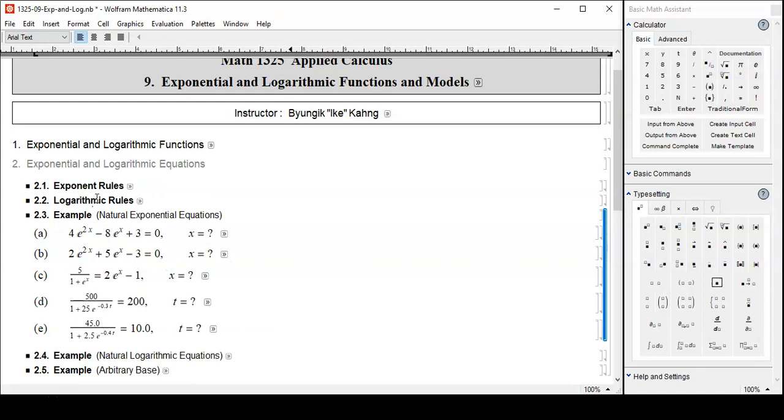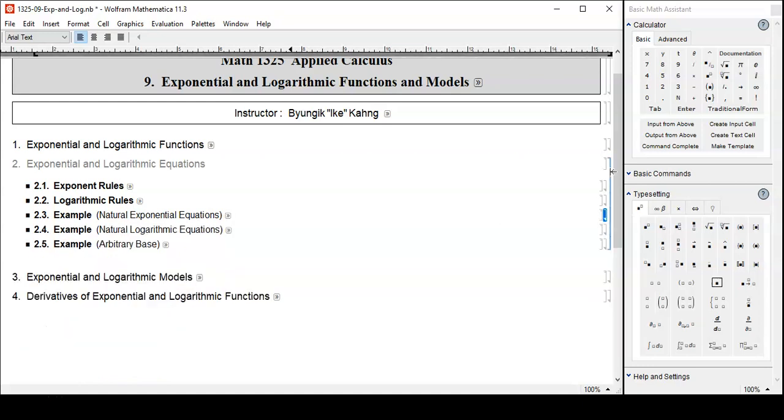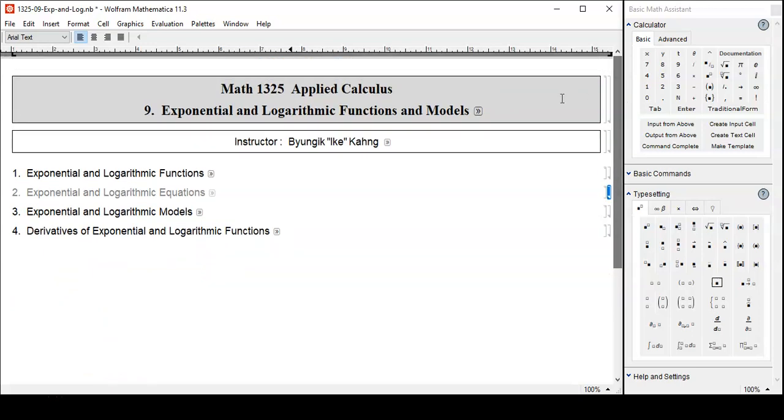I guess other than these log rules, exponential equations are more important for this course, especially these kinds of models. Logistic model, or maybe a plain exponential growth model. To a certain degree, this thing falls into some application territory too. Okay, so much for section 2.